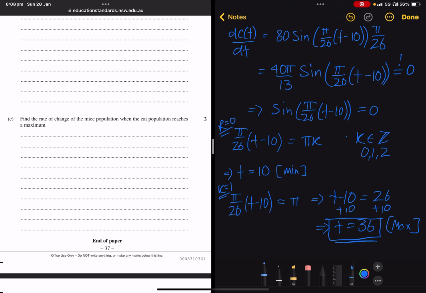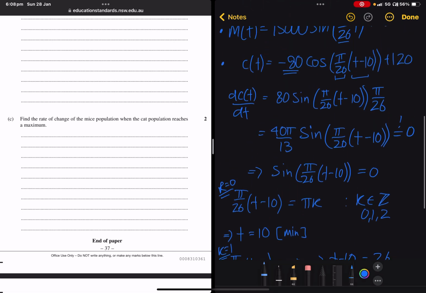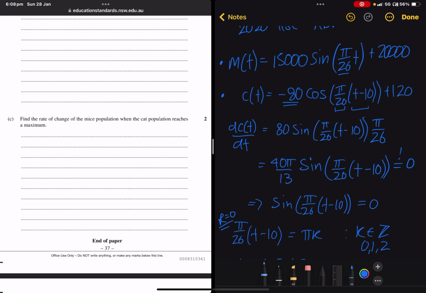Now we need to find the rate of change of the mice population when the cat population reaches a maximum. We actually need the derivative of the mice population. So we have M(t) up here. Sine becomes cosine. The 20,000 on the end goes away. The derivative of the inside is pi on 26. So this will be pi on 26 times 15,000 cosine of pi on 26 times time.